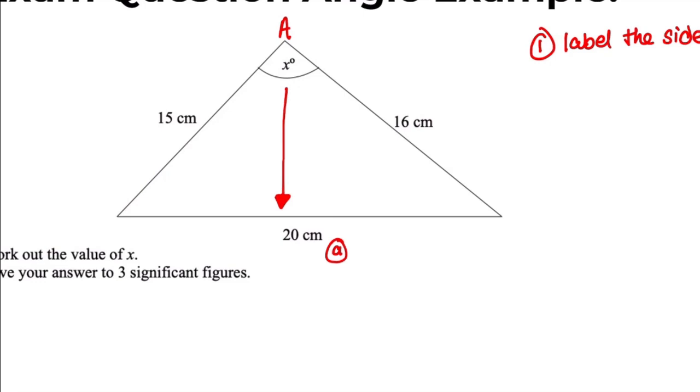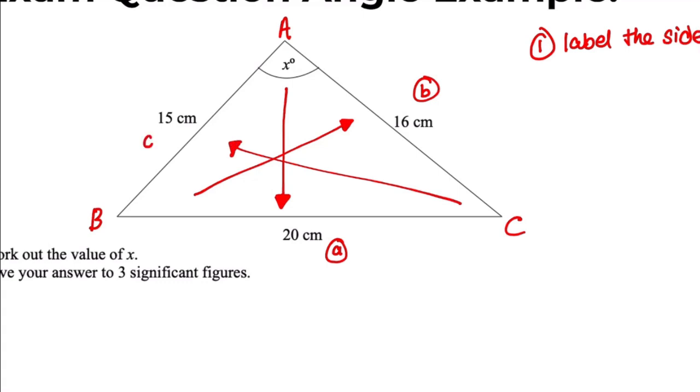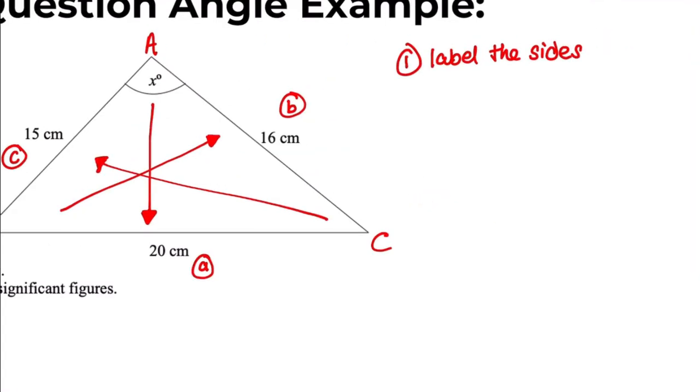Then we can label B and C in any order. So we'll label this as capital B and this is capital C. The side opposite this is lowercase b, and the side opposite this is lowercase c. Make sense? Okay, now we've labeled the sides.